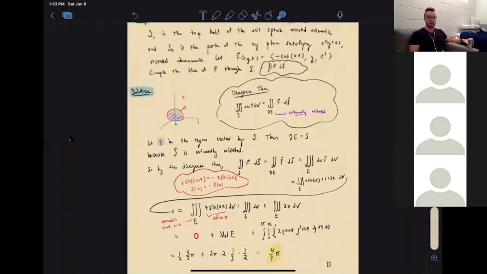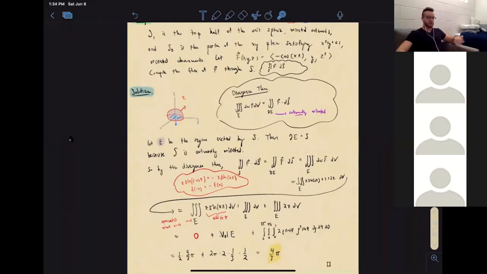Okay. One down. We were given a closed surface. We want the flux. So what we thought is, well, the divergence theorem relates the flux through a closed surface to a triple integral over the inside.